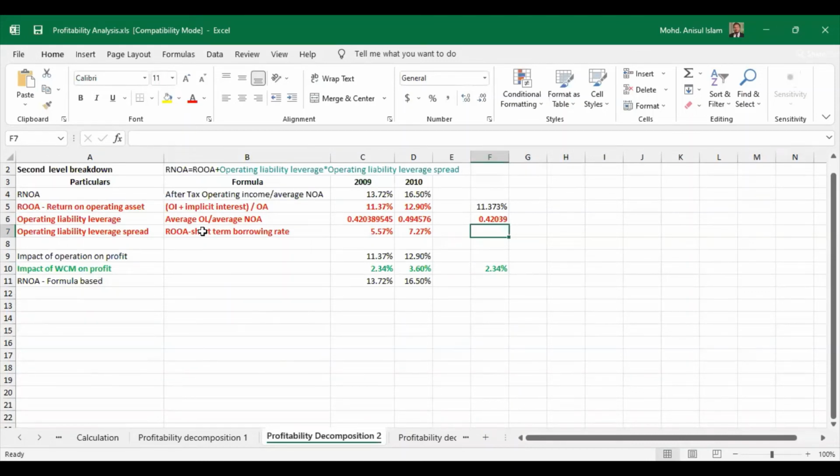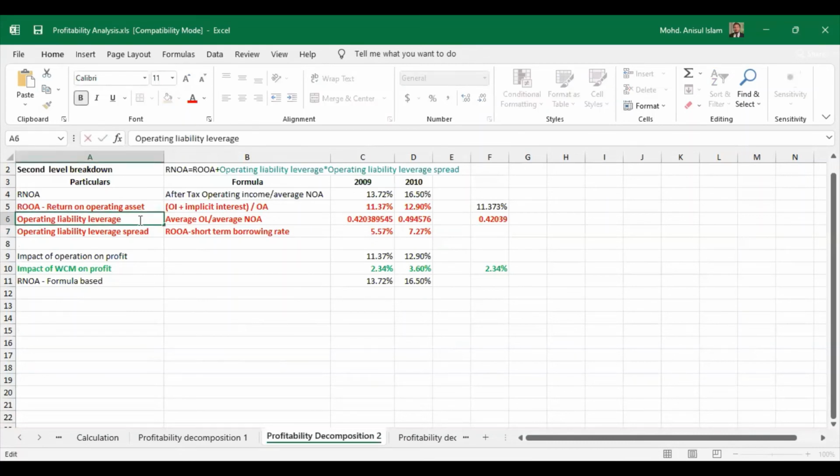So it has been termed operating liability leverage. You can write it as OLL, because Penman in his text has termed it OLL.